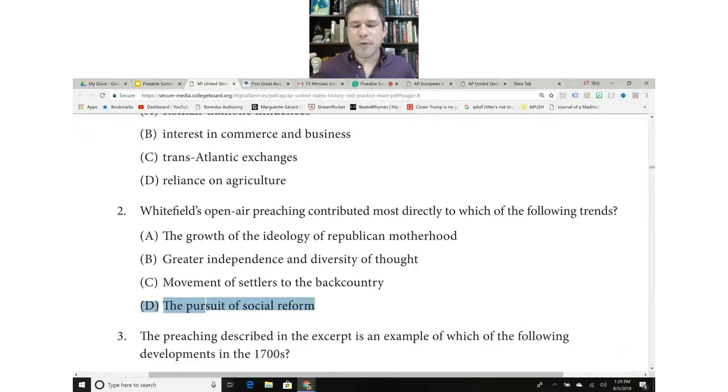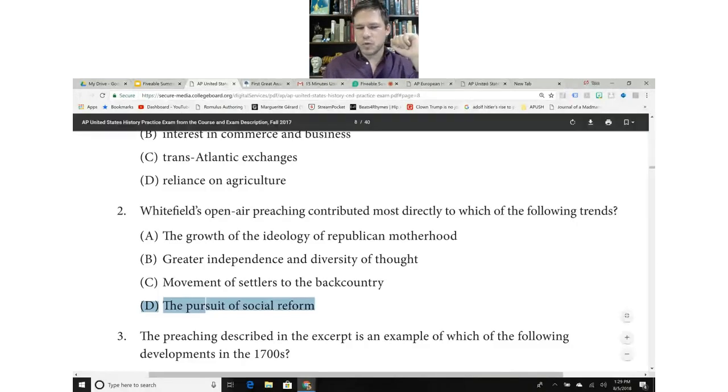And I overthought myself into picking this one, okay? But when it comes down to it, if we think about what the question is actually asking, what do the test makers want to make sure that we know? One thing the test makers want to make sure that we know is that the Second Great Awakening led to the pursuit of massive social reforms.